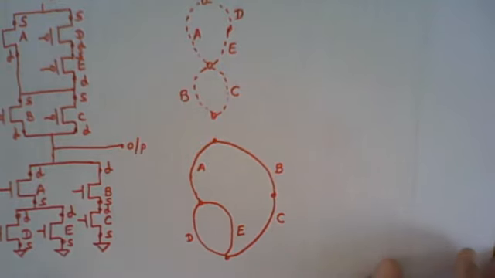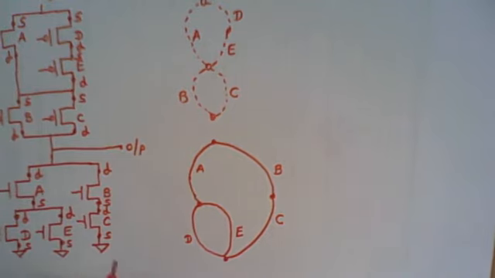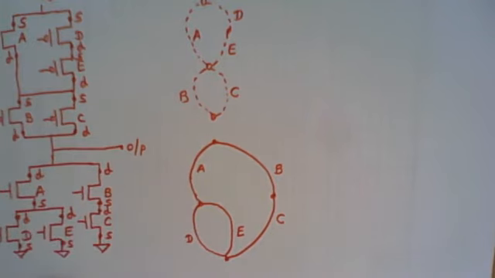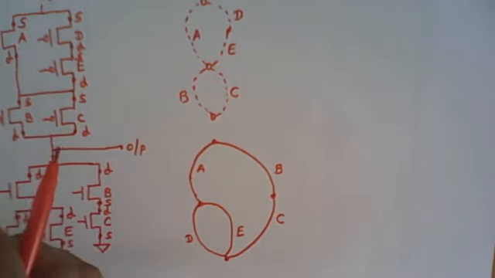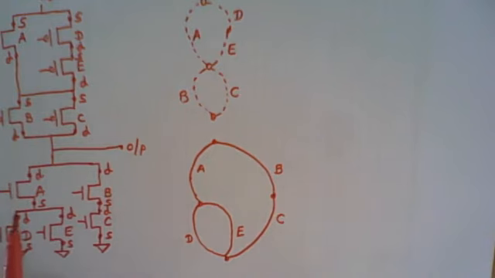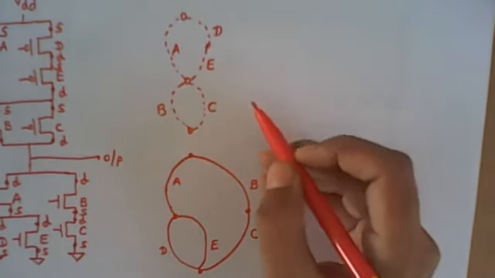For A and E, the drain and source terminal of A, the drain terminal of this one is the source and drain terminal of E, source of B. So let me draw the layout of this inverter.